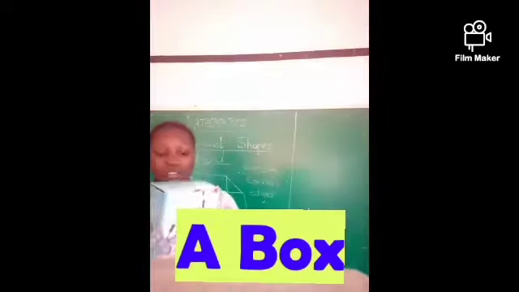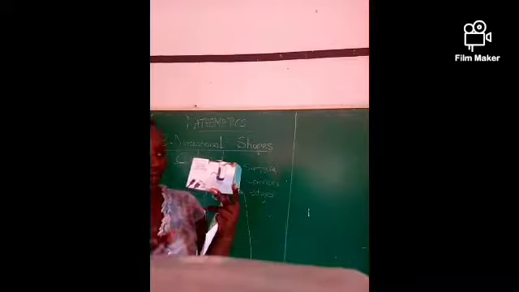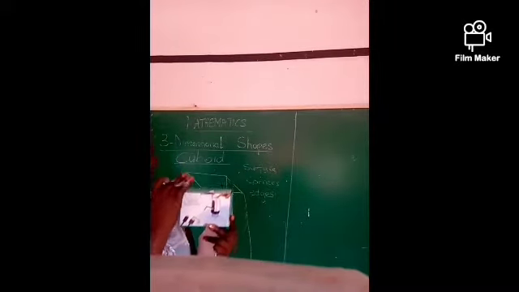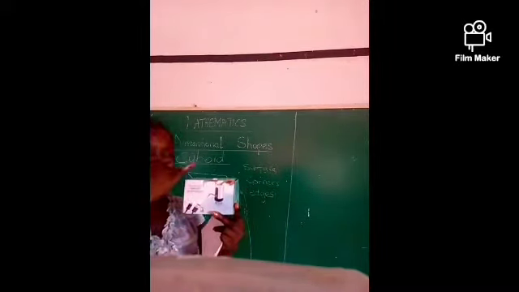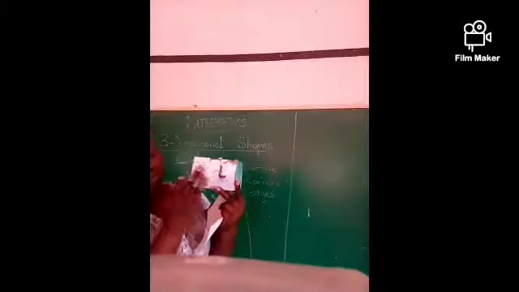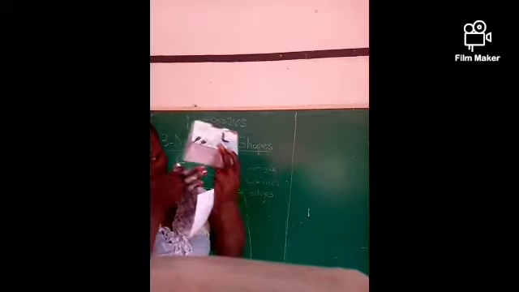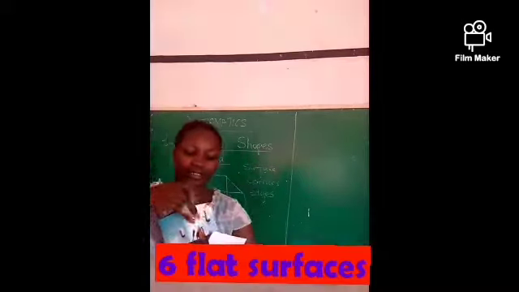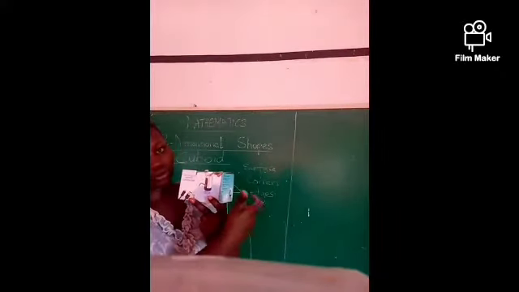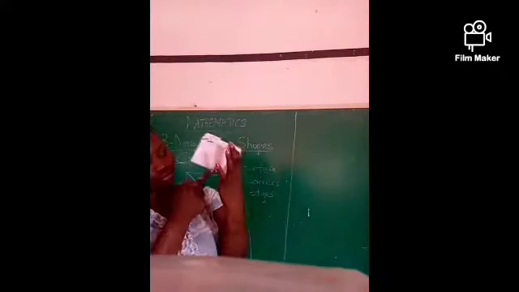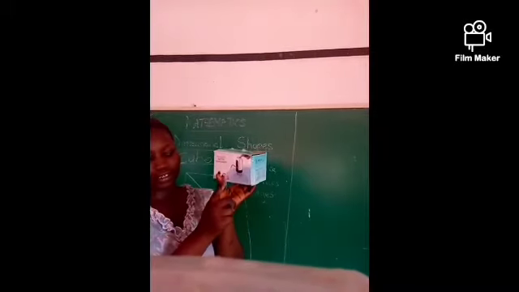Now this is actually a carton, a box that I'm holding. So we can make use of this. What are the flat surfaces here? Let's count. 1, 2, 3, 4, 5, and 6.